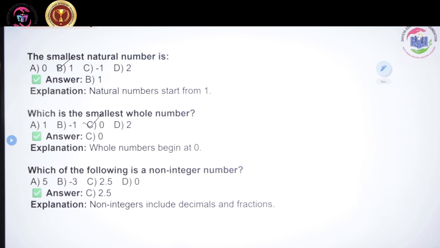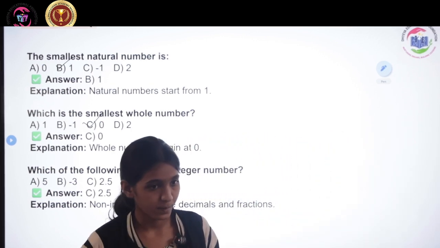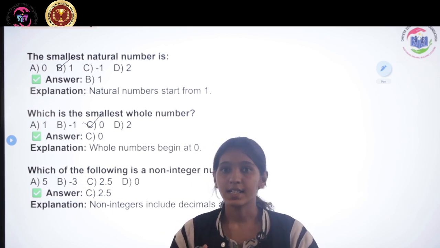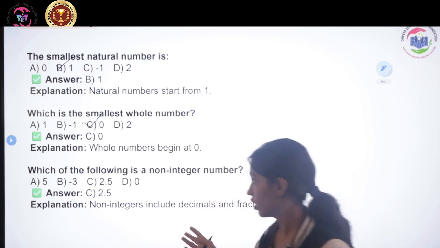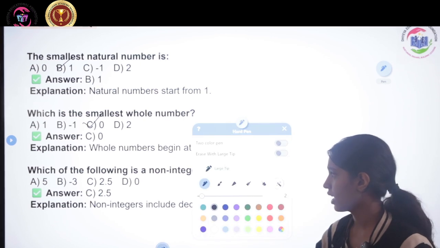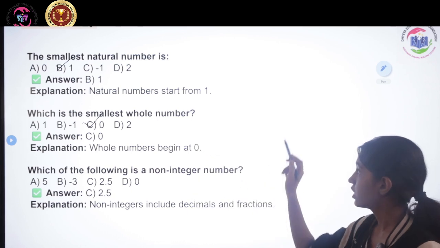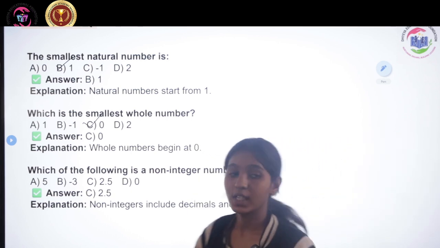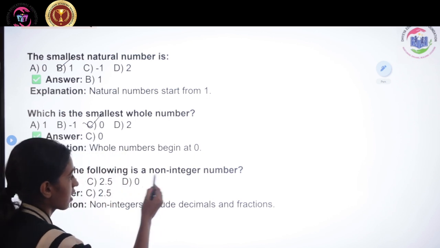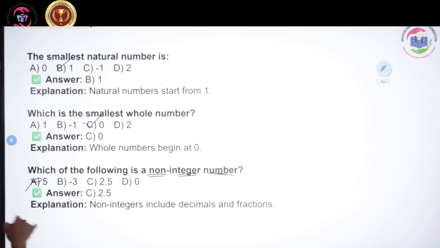Integer numbers are the whole numbers, but they include the negative and positive parts also, and they do not include fractions and decimals. We have to find the non-integer, meaning the one which is not an integer. Five is an integer. Minus 3 is also an integer. 2.5 is not an integer, it is a decimal.